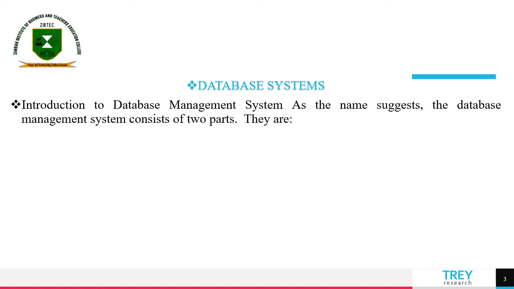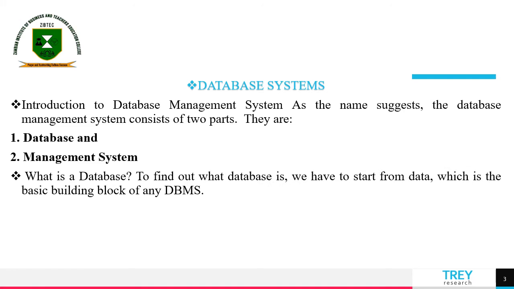As the name suggests, a database management system consists of two parts: the first one is the database itself, and the second one is the management system. We'll start with the database, and later on we'll talk about the database management system.